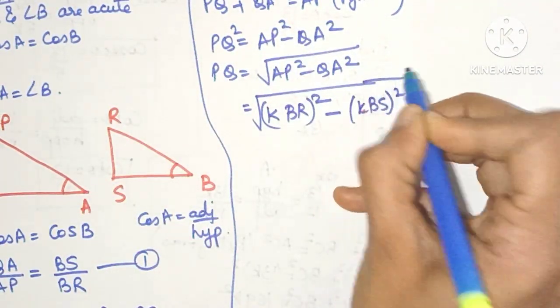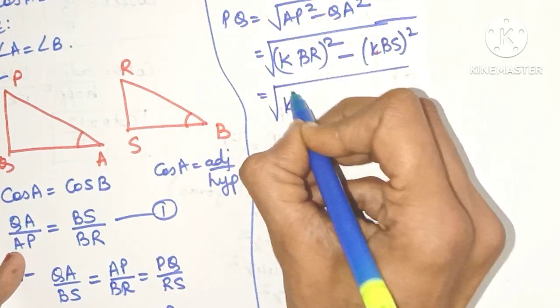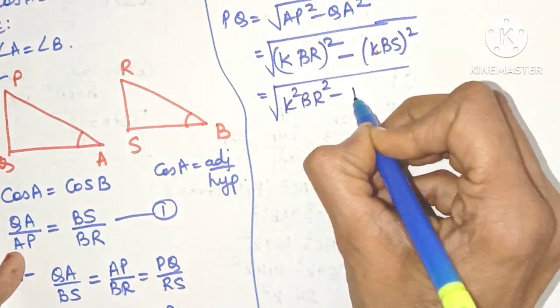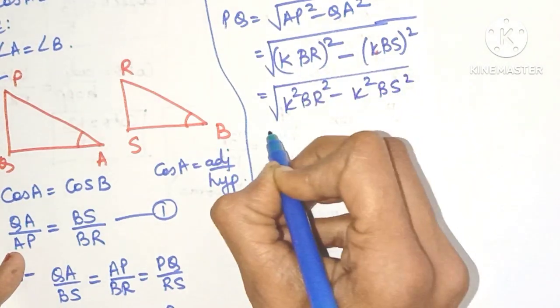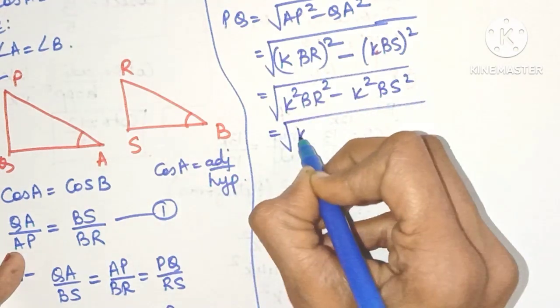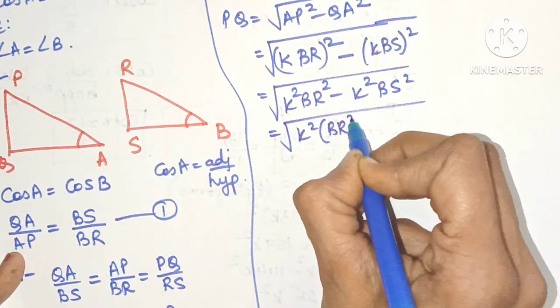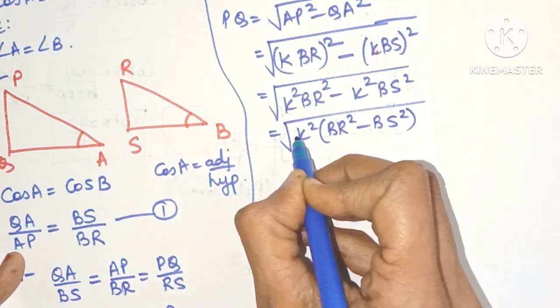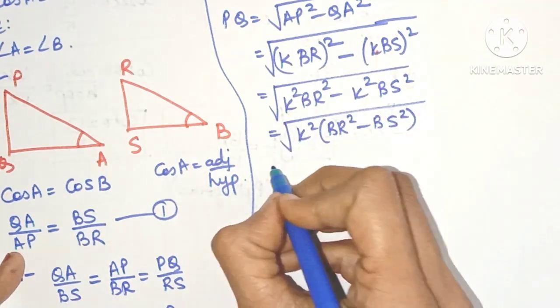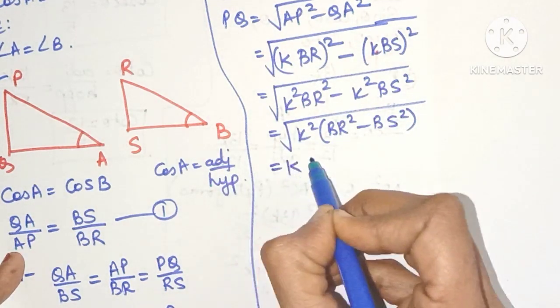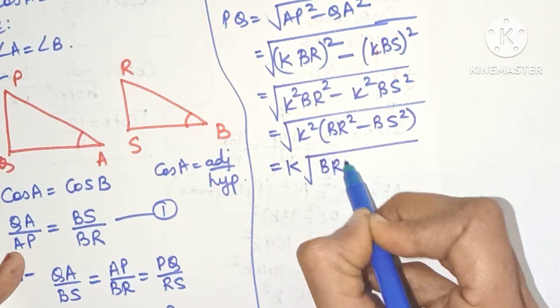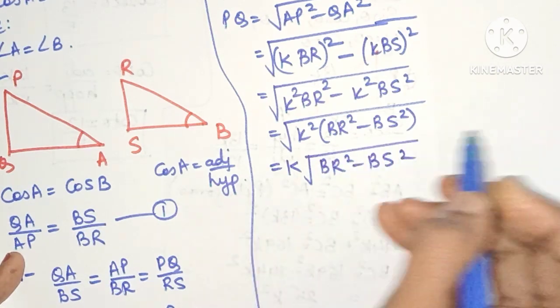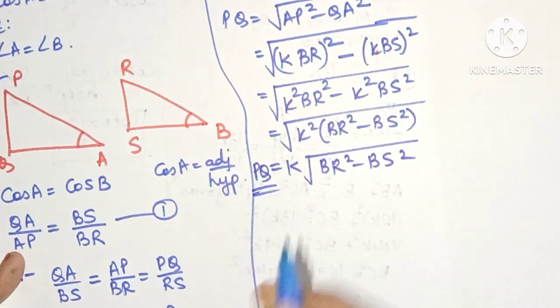Okay, this is what we are going to do. Now this will be K square BR square minus K square BS square. So now I can take out the K square common from both the terms. And since this is square root of K square, the K can easily come out, friends. So I'll get K times square root of BR square minus BS square, and all this is equal to PQ, right?